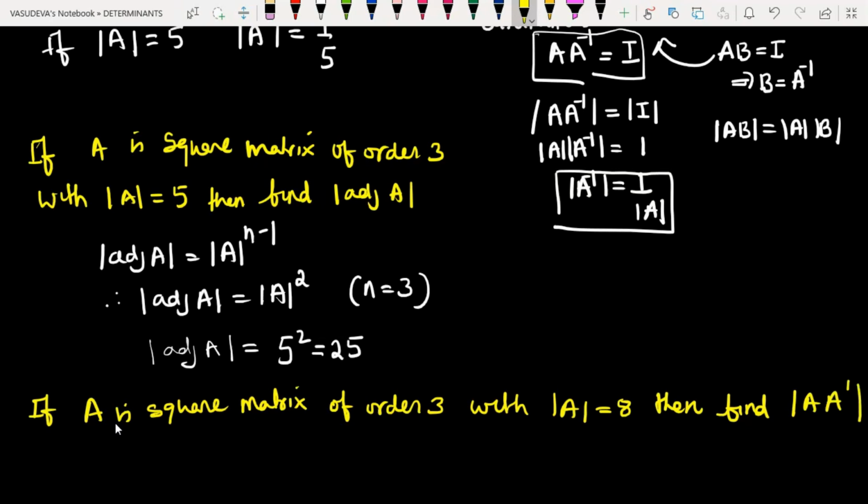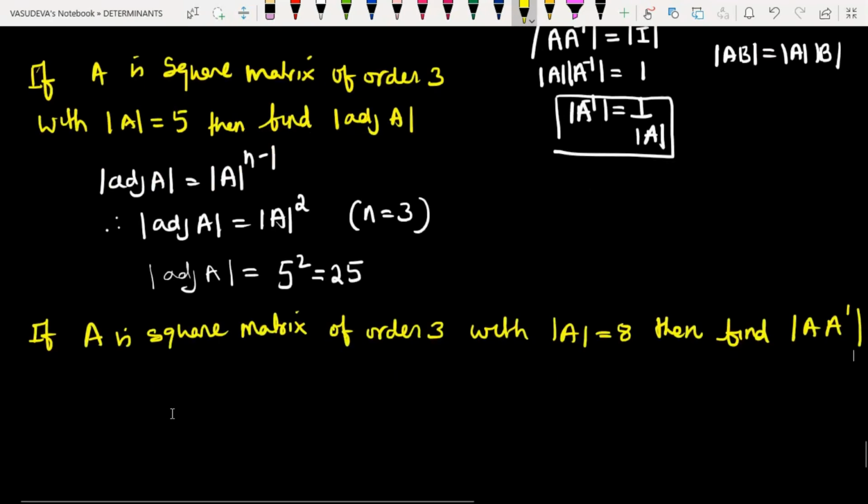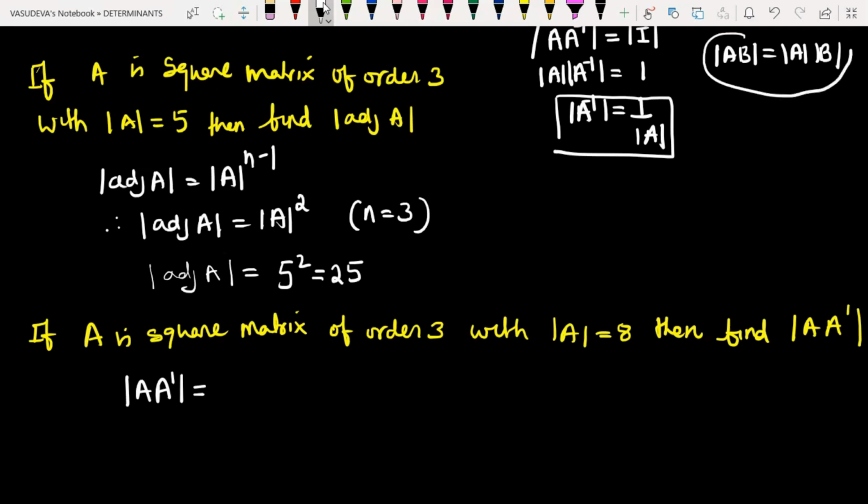This question was asked in March 2017, and many questions of this type were asked also. Here we have determinant of A into A dash. Using the result determinant of AB is equal to determinant of A into determinant of B, determinant of A into A dash is determinant of A into determinant of A dash.